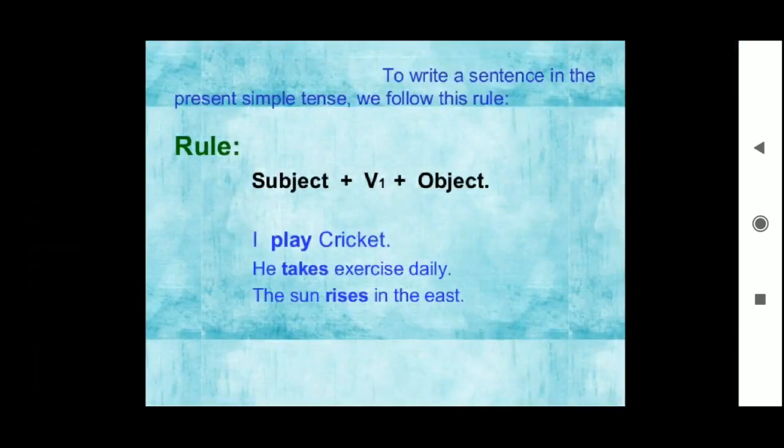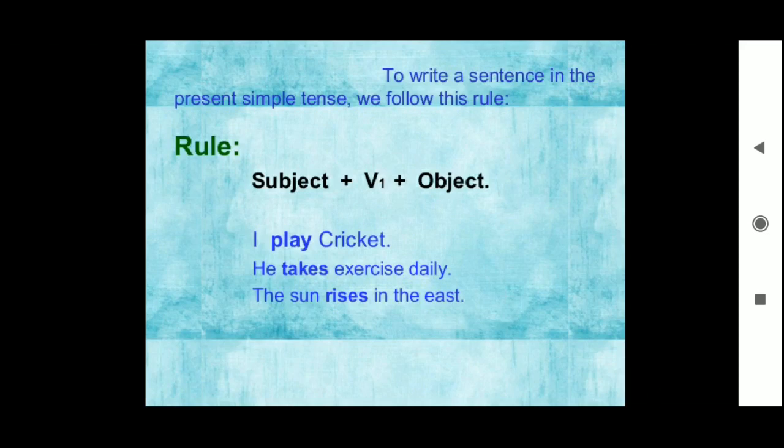To write a sentence in the present simple or simple present tense, we follow this rule: subject plus verb plus object. Here, for example, you can see: I play cricket, he takes exercise daily, the sun rises in the east.